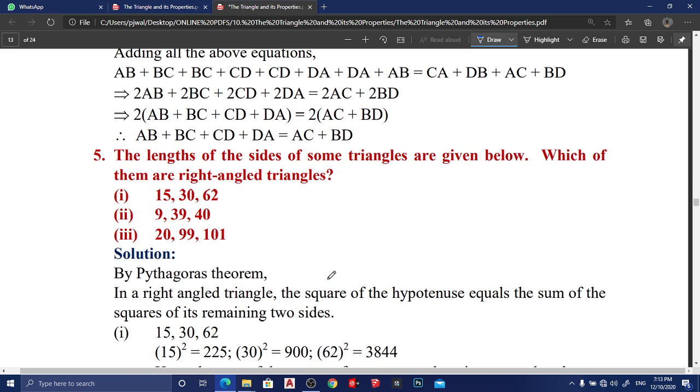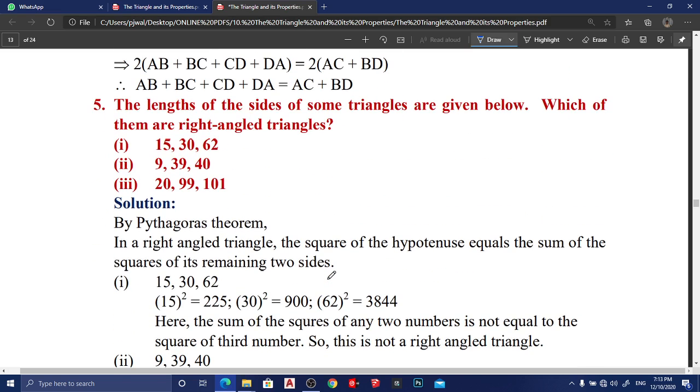So next you go to the 5th problem based on the Pythagorean theorem. Pythagoras theorem you have to use for this problem. See here, the lengths of the sides of some triangles are given below. Which of them are right angled triangles?